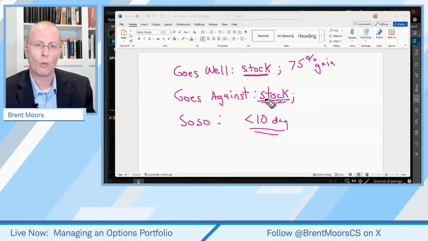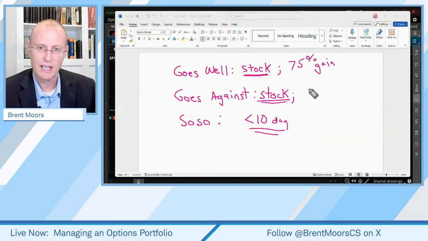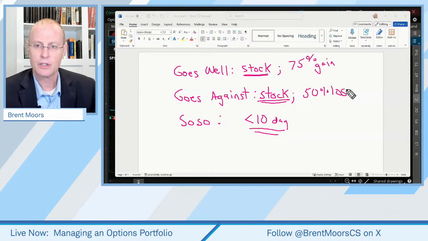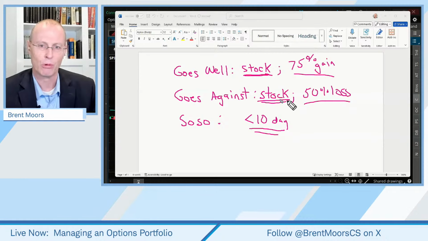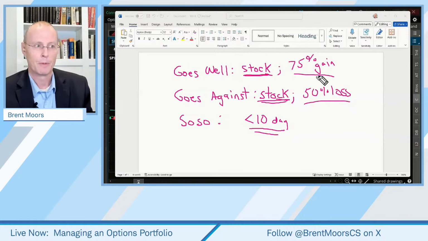Or if it's going against us, maybe we say if we've lost 50% of what we can lose, we're going to get out. These are based on the option price, the spread price. When we use the stock, we have to use a rules-based order. On this, we're just using a plain stop or plain limit price.